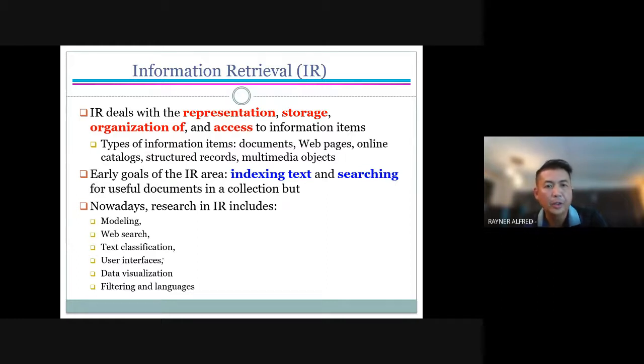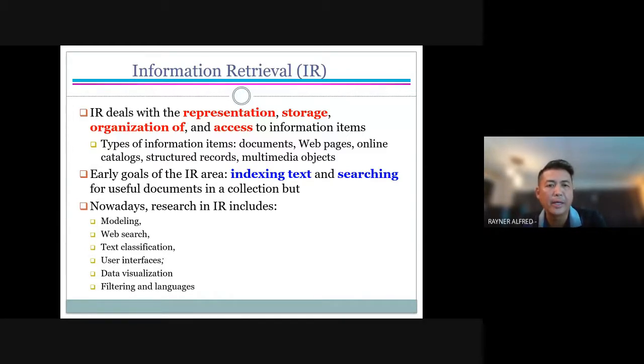Okay? So the early goal of the IR area is we want to index, we want to tag, put the tag ID for this text so that we can use it to retrieve that information later on through the searching process. Okay.